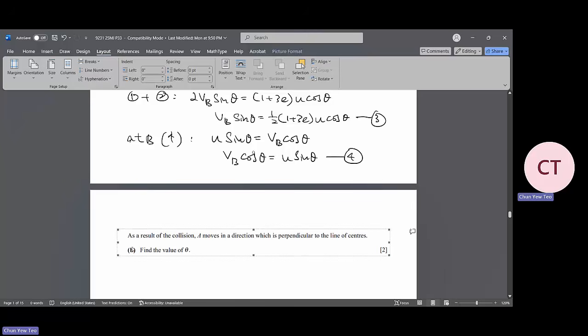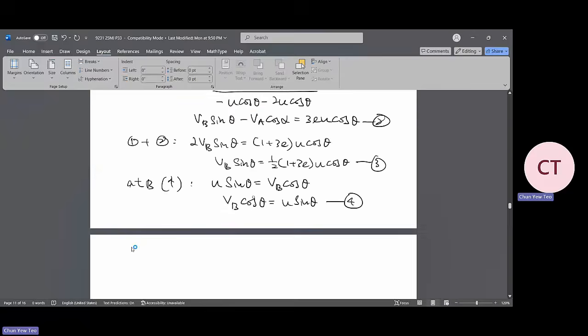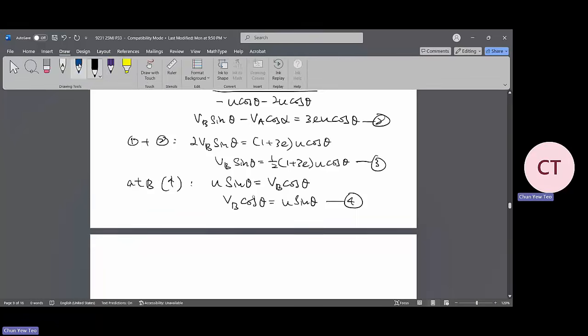We're looking for tangent theta. So what you need to do is take equation 3 divided by equation 4. You will get VB sin theta divided by VB cos theta equals half 1 plus 3e, u cos theta, divided by u sin theta.